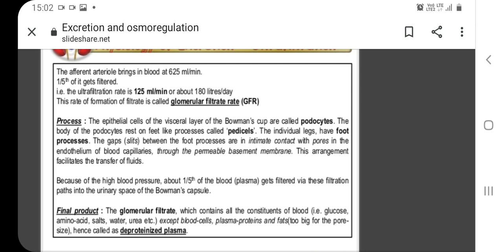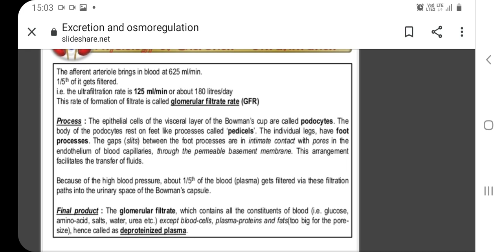From there it passes to the loop of Henle, then to the distal convoluted tubule, finally into the collecting tubules, which all open into the ureter. So it is this high blood pressure that makes 1/5 of the plasma get filtered via this filtration path into the urinary space of Bowman's capsule.